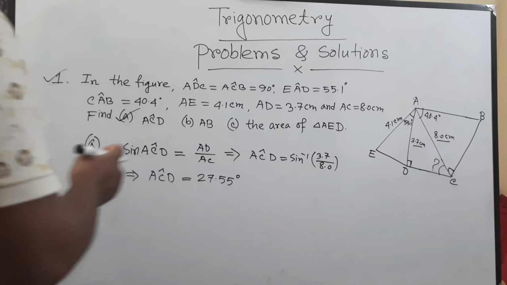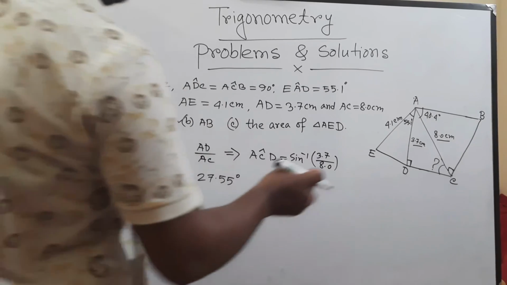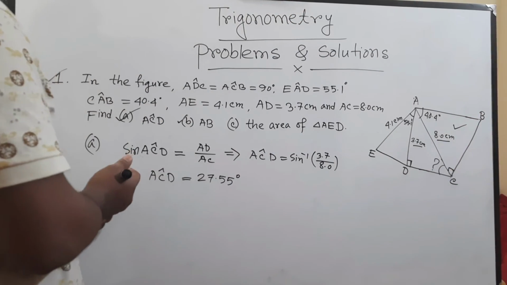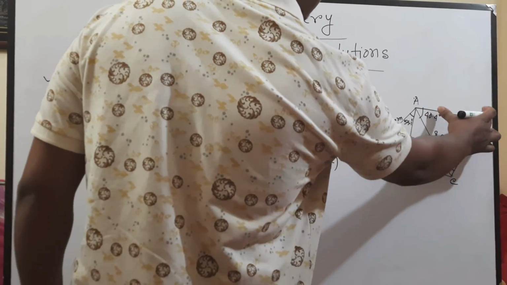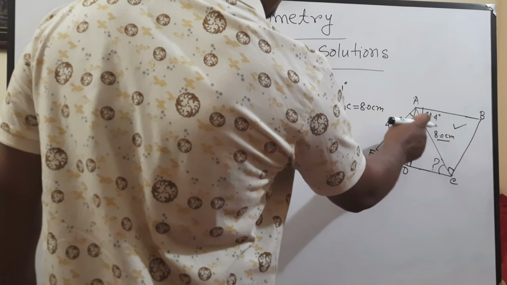Okay, now next number B. We need to find the length of AB. So look at here. According to the question here, ABC is also a right angle triangle, and here AB is the opposite of this right angle triangle. So look at, if we consider this given angle, then here AC will be the adjacent.